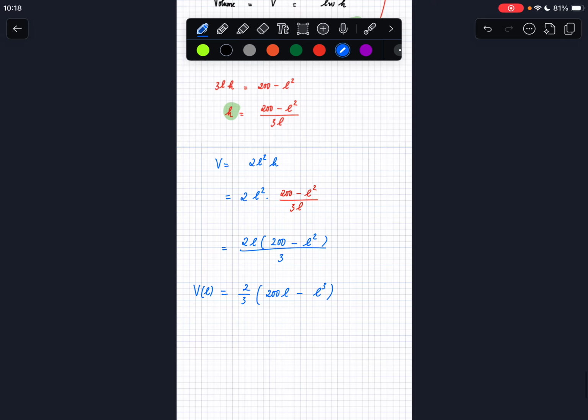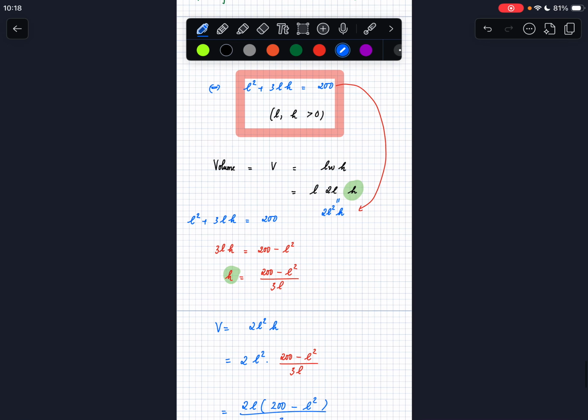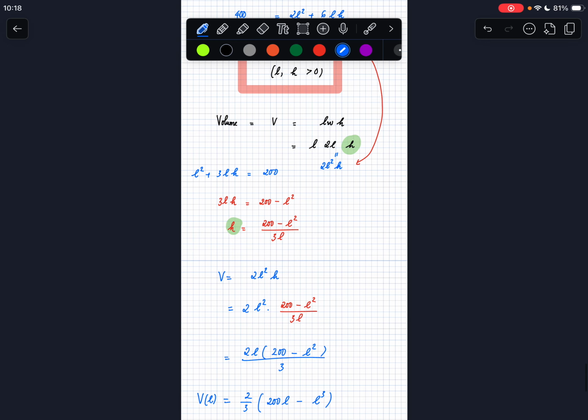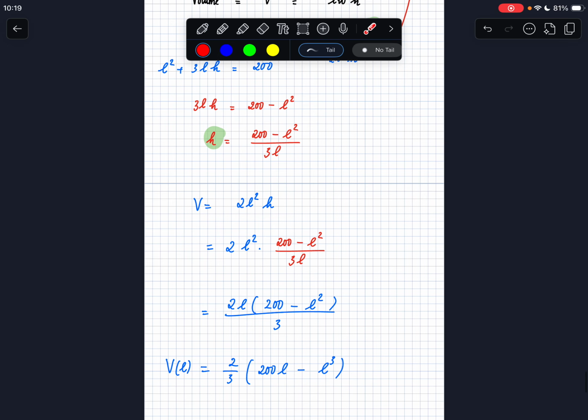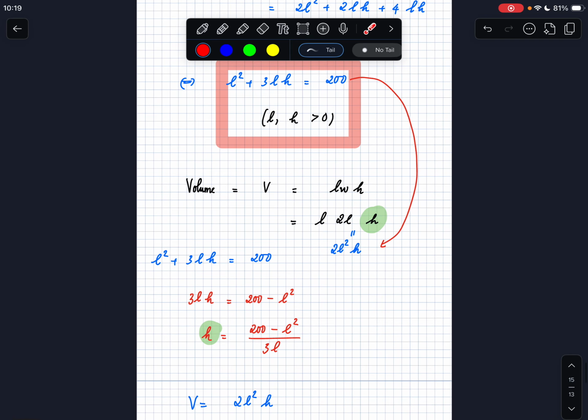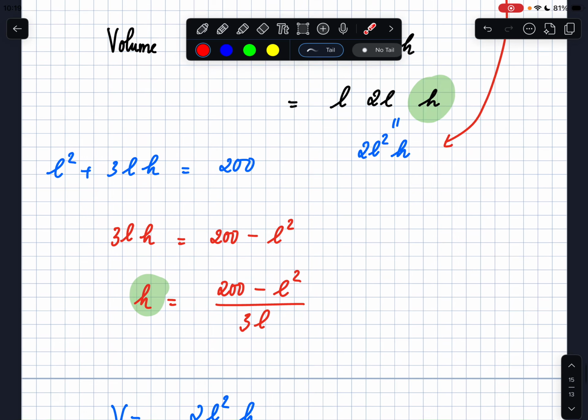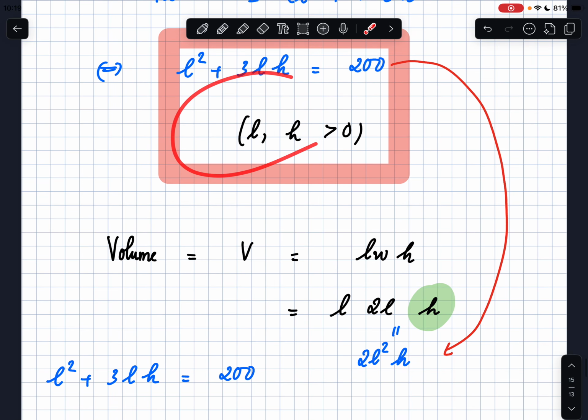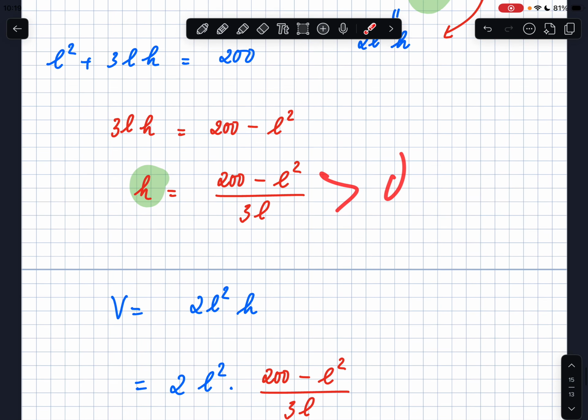So remember that we do have conditions. We need to check the condition on the length here. Length is positive. We also know that because height is also positive, this one is positive.